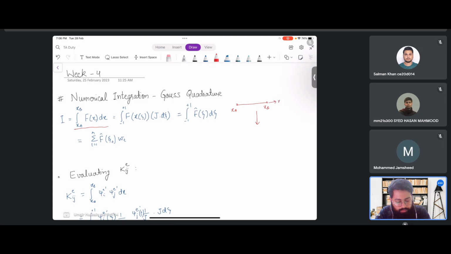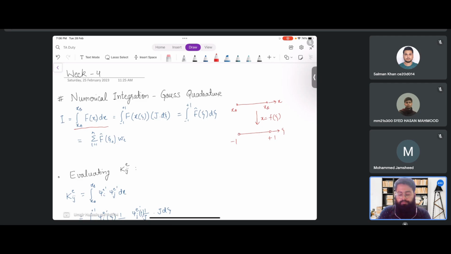Suppose here our coordinate system is x. We can have a mapping function and transform this domain to a natural coordinate system zeta. Here the limits of this domain are fixed between -1 to +1, and there's a mapping function involved which helps us transform this function into that domain, and the integration limits are also changed from -1 to +1.